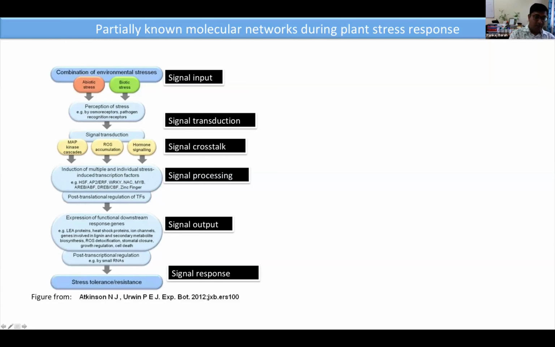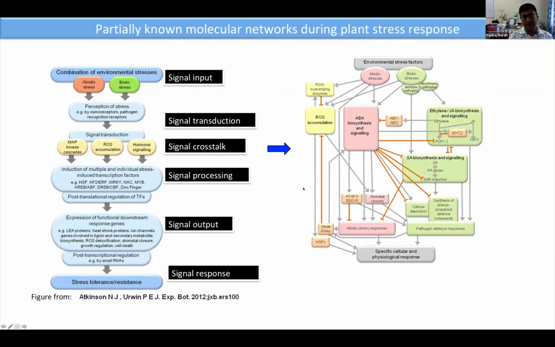In the end, we get the signal output in terms of differentially expressed genes, or a differentially expressed transcriptome, and then finally the signal response takes place. This is the partially known picture of how different signals crosstalk when multiple biotic and abiotic stresses are given together to a plant species.